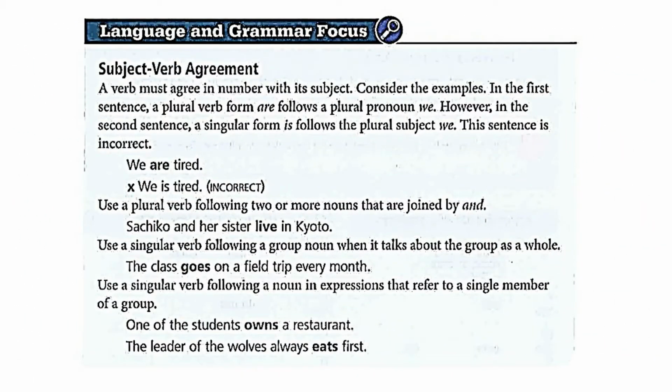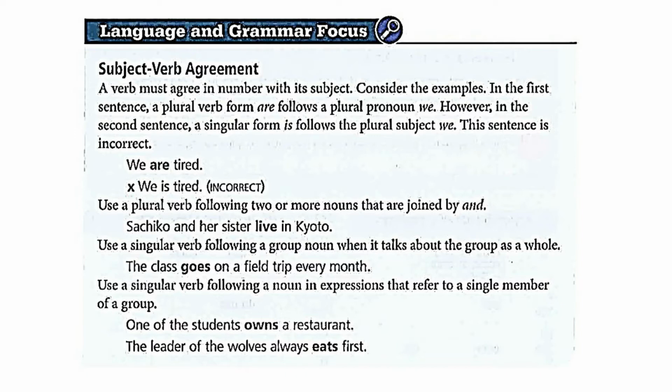In the next slide here, we are talking about subject and verb agreement. We are tired is correct and we is tired is incorrect. We is tired is incorrect because the subject does not agree with the verb is. On the bottom, you see one of the students owns a restaurant.